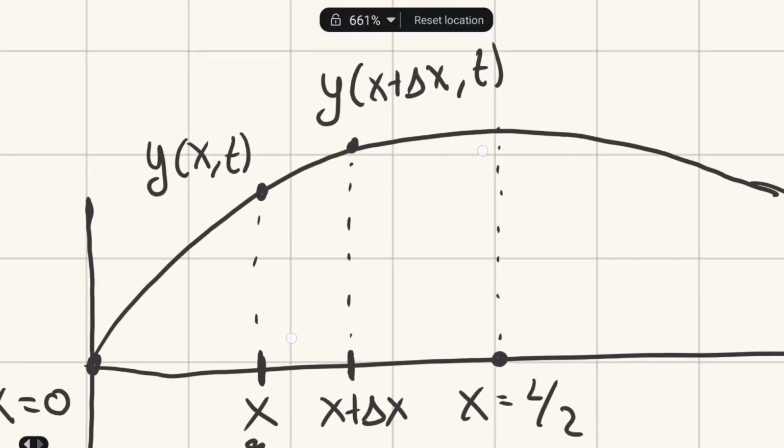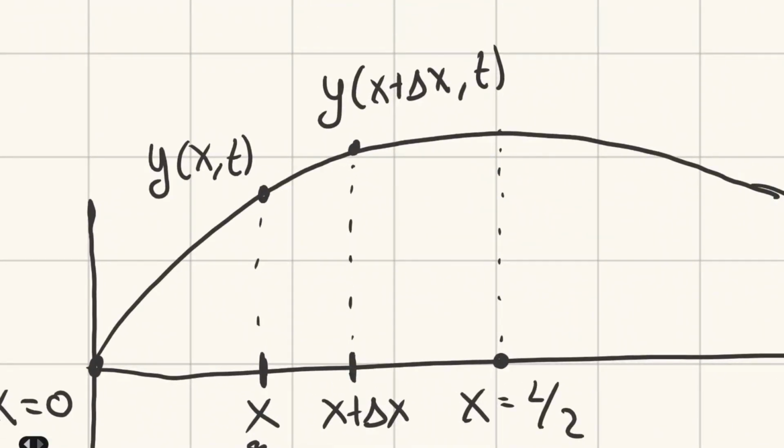That is important. So like I mentioned at the beginning of the video, we are going to have at any point of the string some strain, right? That we will name with the letter tau. And this strain will be dependent on the portion of a string that is beside the point from where we are measuring the strain.